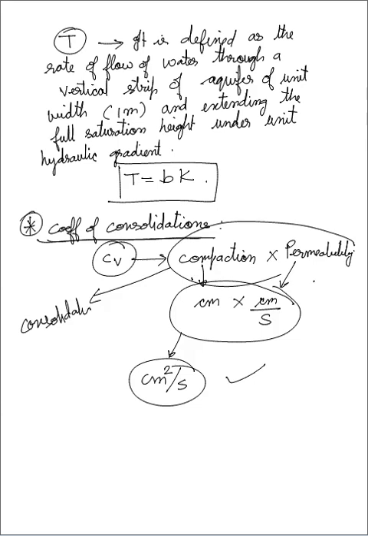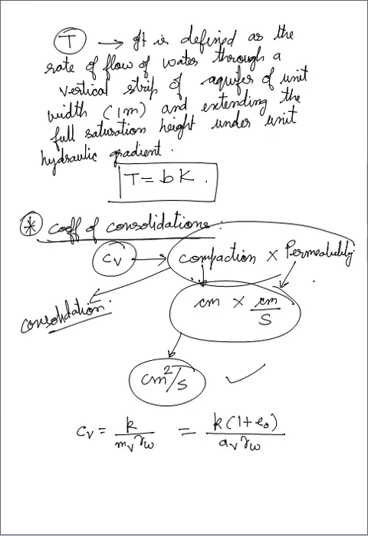First of all remember these units. Now the formula is CV is equal to K upon mv gamma w. mv is coefficient of volume change. Basically you can write it directly as K(1 plus E0) upon av gamma w.